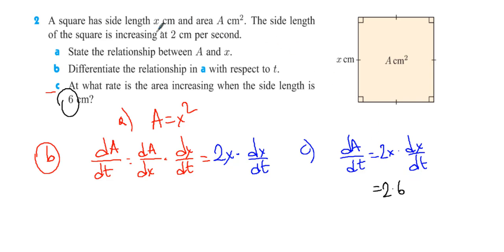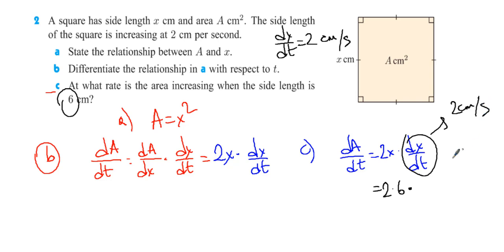And from the beginning, they already tell me that the side is increasing at 2 centimeters per second, so this speed, 2 centimeters per second, will be times 2. So the area is actually increasing at 24 centimeters squared per second. So it's the speed of the area, how it's increasing.